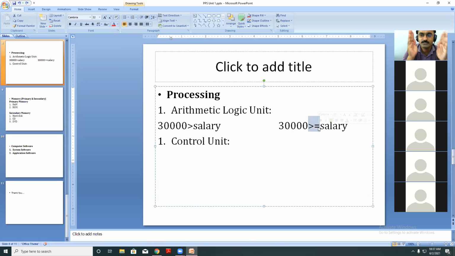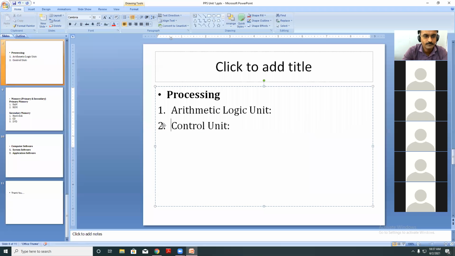I don't want the data on the boundary, I want the data inside the boundary. If I say less than equal to or greater than equal to, the boundary conditions are also taken into consideration. So this is part of the arithmetic logical unit. It is taken care of as per the instructions of the user.